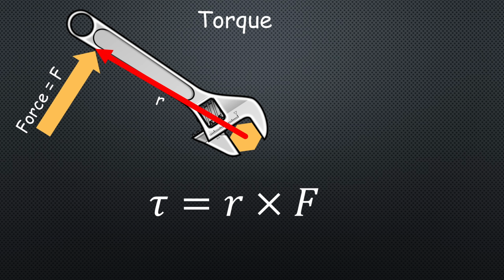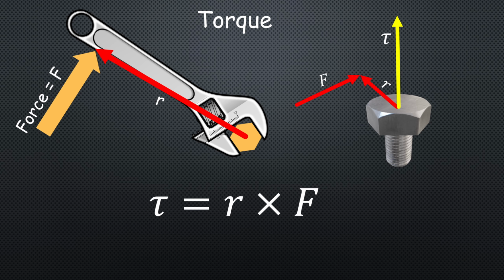This brings us to the definition of torque as the cross product between the vector from the center of mass to the point where force is applied and the force vector. Based on the definition of the cross product, we can say the torque is a vector which points along the axis of rotation or the opposite of it.